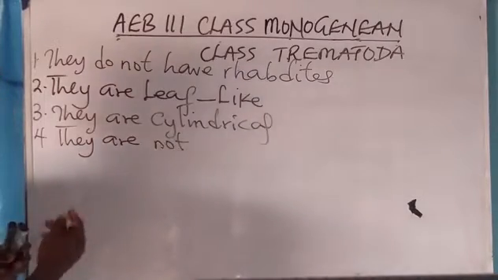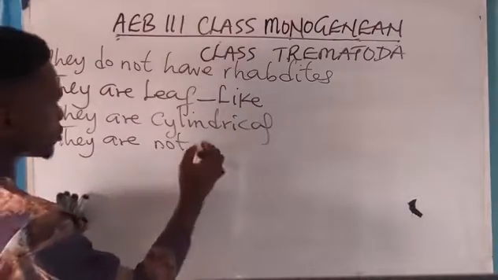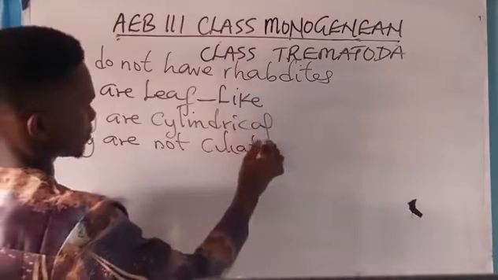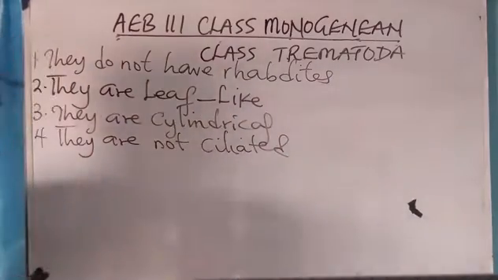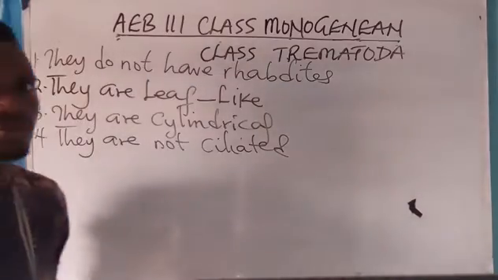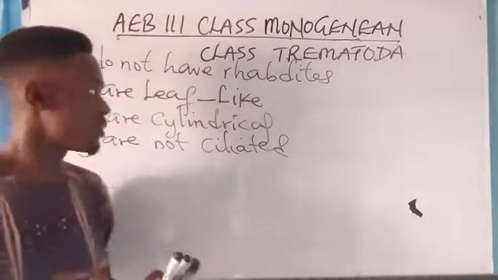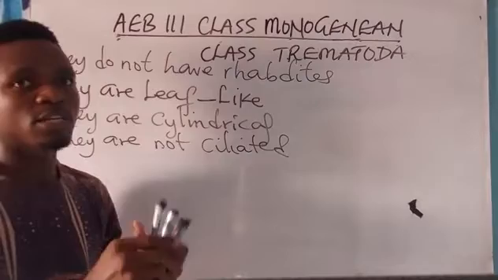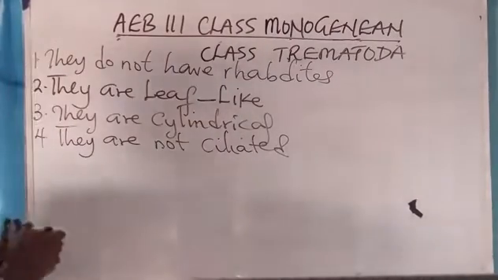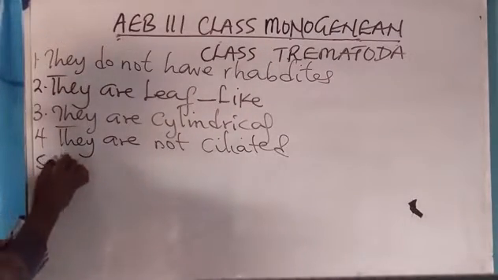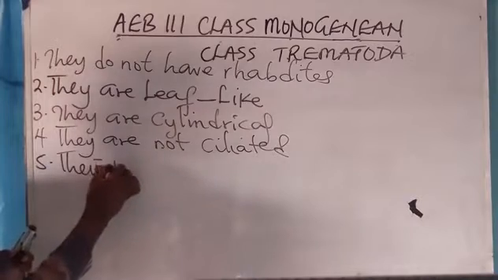Their body does not have what? Cilia. That is, they are not ciliated, unlike the class Turbellaria. The Turbellarians, their epidermis is what? Ciliated.